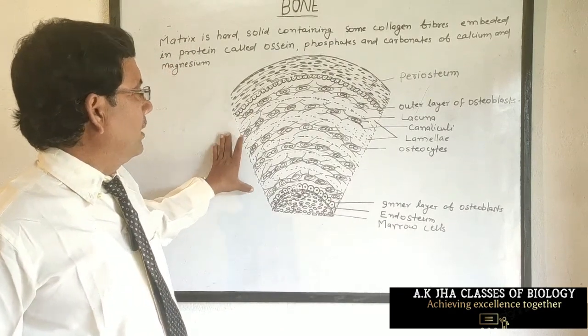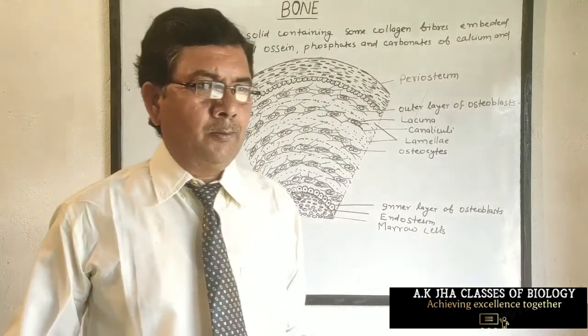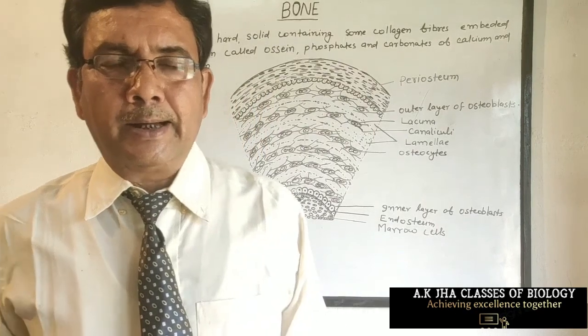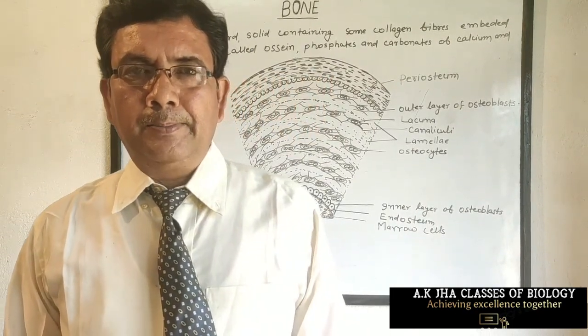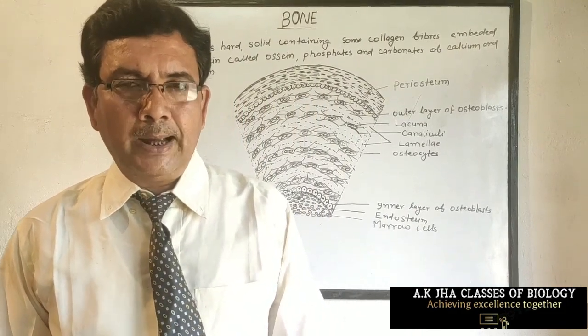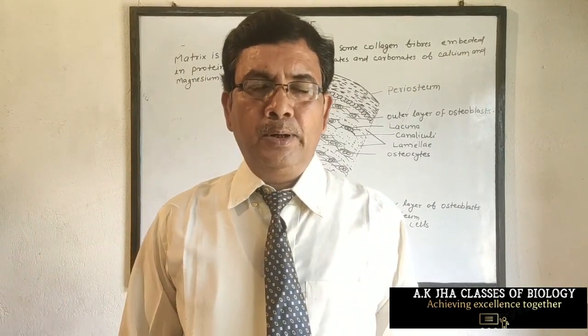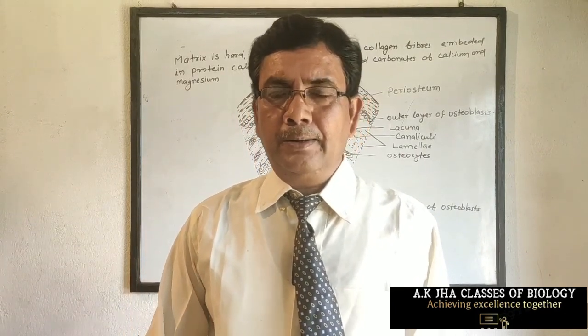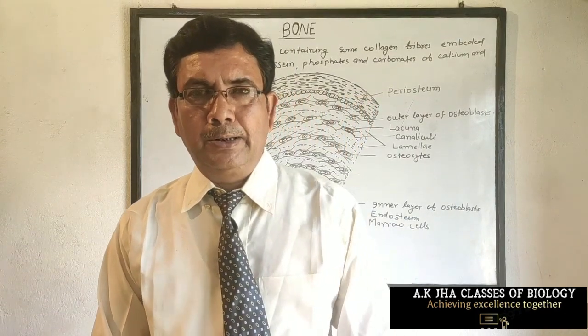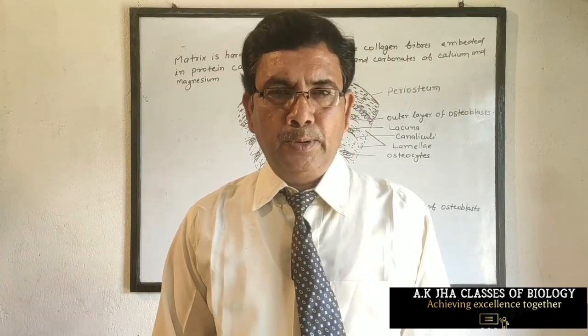These bones form the structural part of our body, that is the endoskeleton of our body. Our endoskeleton is made up of both bone and cartilage. So both bone and cartilage form the endoskeleton of our body, but most of our endoskeleton is made up of bones.